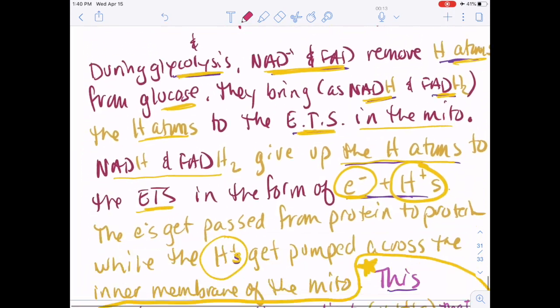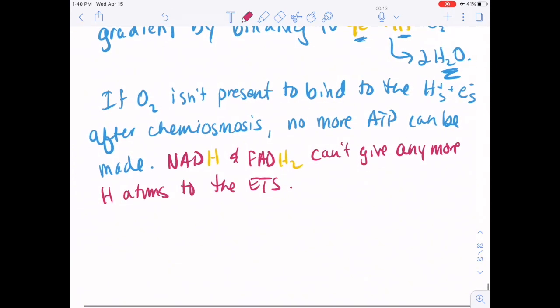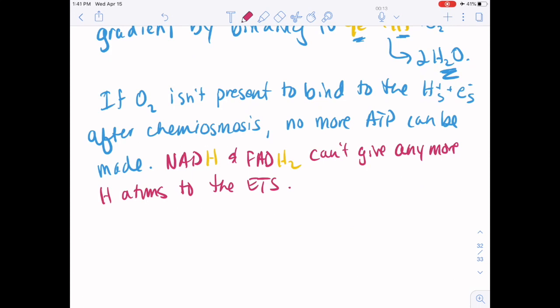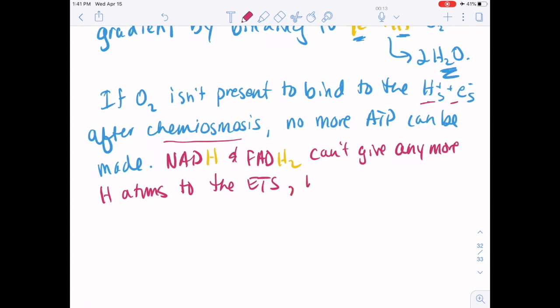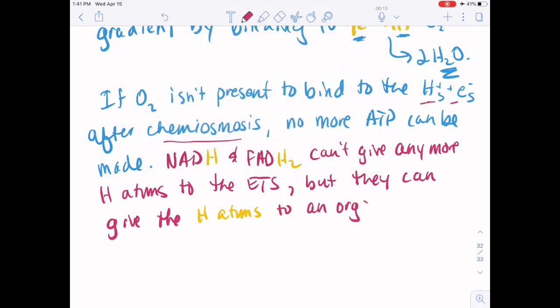Now let's come back down here and write this again, because something happens when this happens. If oxygen isn't present to bind to the protons and electrons after chemiosmosis, no more ATP can be made. NADH and FADH2 can't give up any more hydrogen atoms to the electron transport system, but they can give the hydrogen atoms to an organic molecule instead.